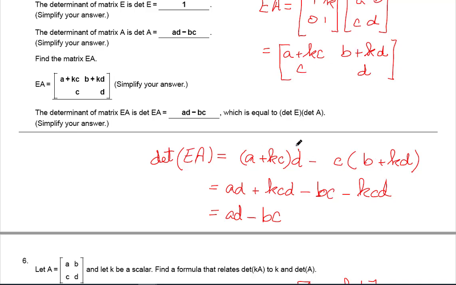And now distribute these items in. And we notice that I've got a plus KCD and a minus KCD. Those cancel, and so I get AD minus BC, which is the product of the two determinants.